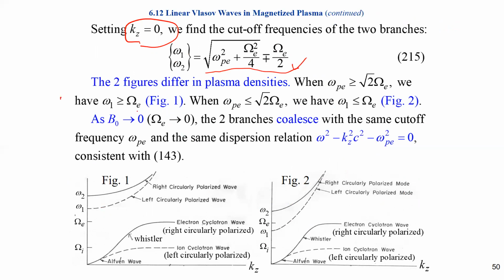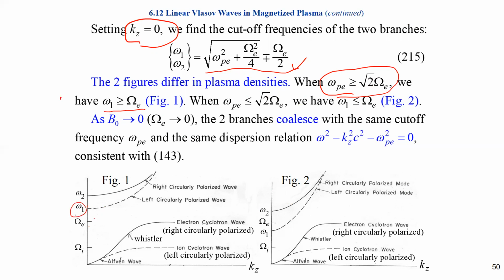Okay, the two figures differ in the plasma frequency. If omega PE is greater than this one, so what will happen? When the plasma frequency is greater than here, we have omega 1 greater than omega E, just like this one.